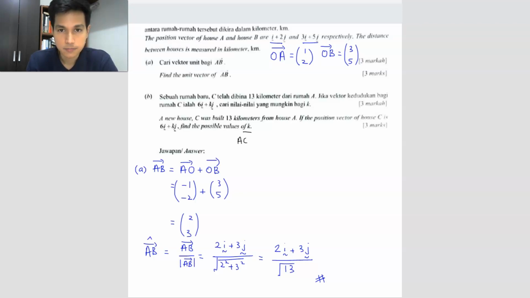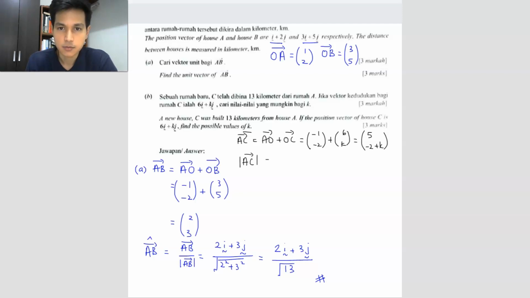So AC is AO plus OC, right? AO you already know is negative 1, negative 2, plus OC would be 6 and k. When you add them together, you should get 5 and, at the bottom, negative 2 plus k. Now you want to find distance. Distance means magnitude.